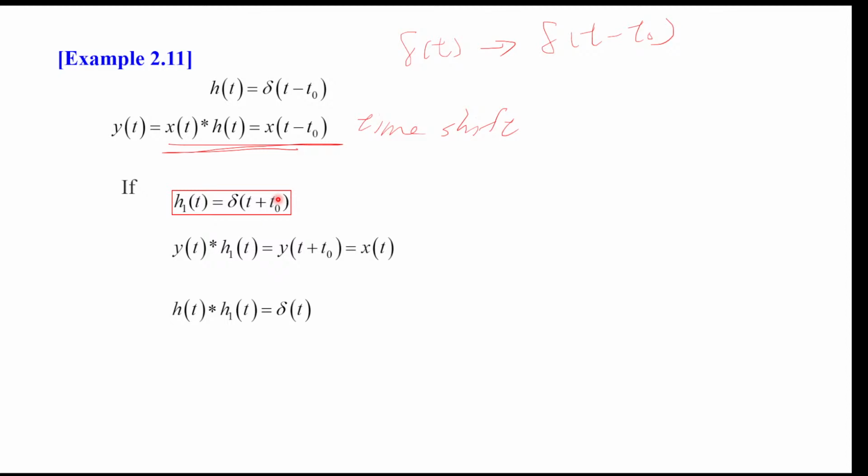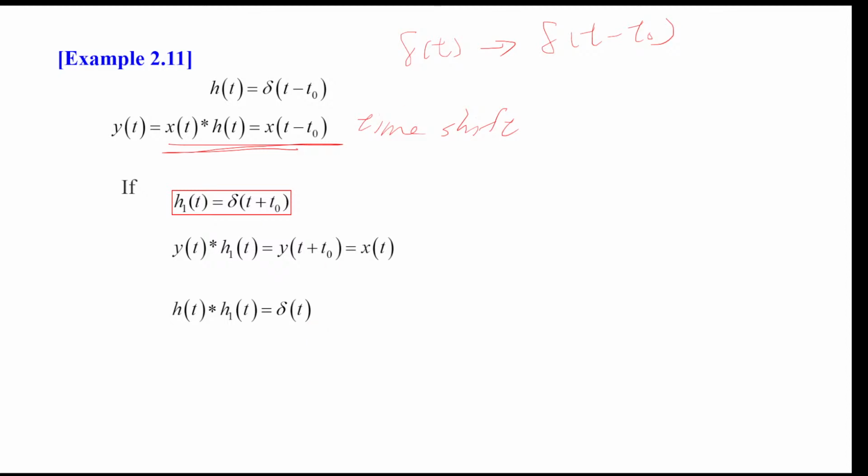So you have a time shift in the opposite direction. Then y of t convolved with h1 of t: you shift by t0 in the opposite direction, and you go back to x of t. Also, if you convolve those two signals together, you basically time shift the signal and get back delta of t.